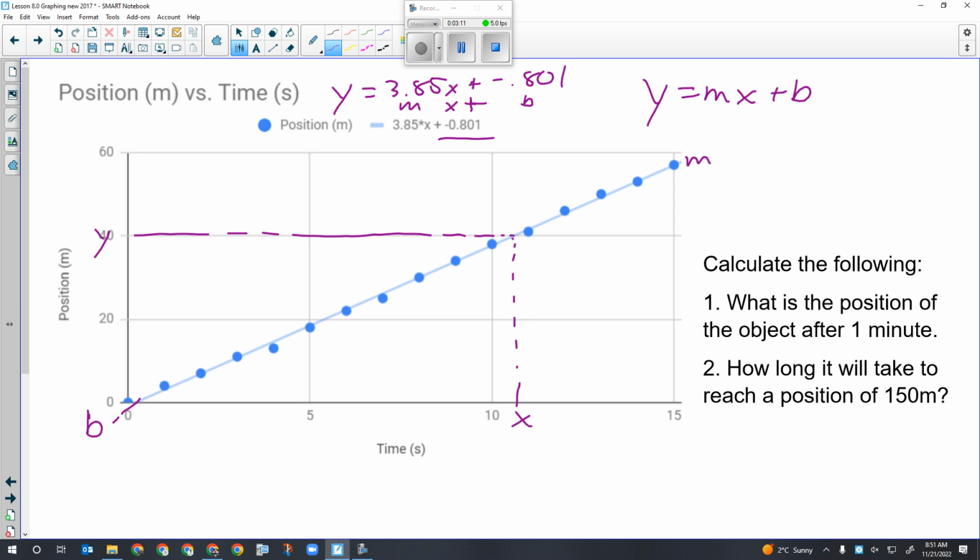If I'm solving for position, what part of that equation am I solving for? Y, because position is on the y-axis. That's how I figure out what it is I'm solving for. So I'm solving for y, which is nice because I don't have to manipulate the equation. It's already set up to solve for y. And what do they give me when they say 1 minute?